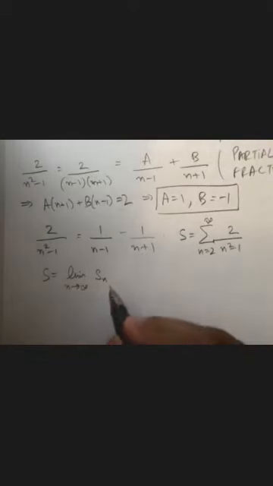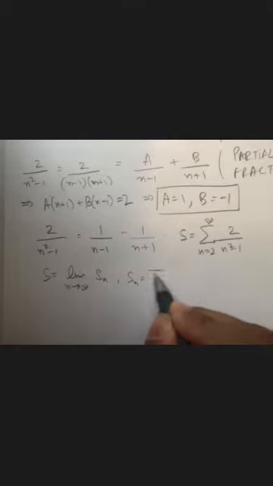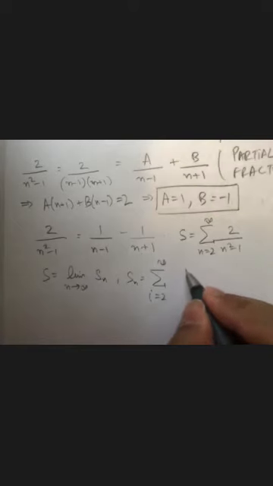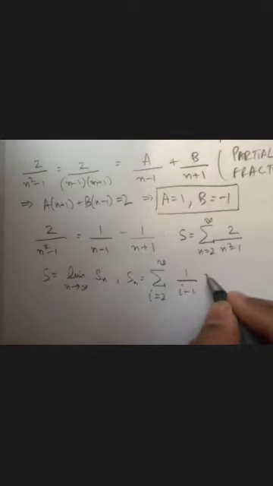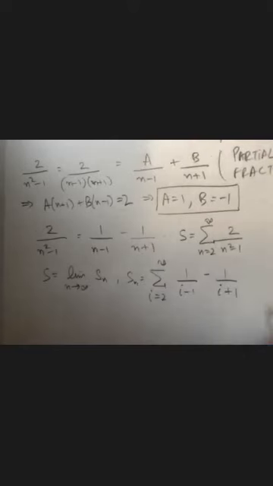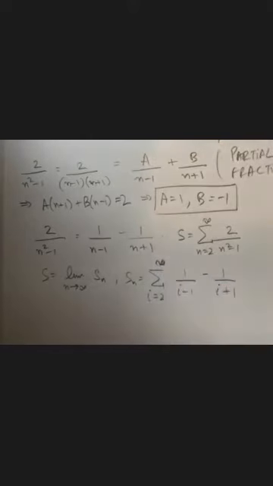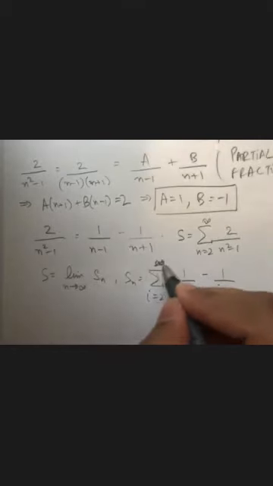Now what is Sn? So we have changed from n to I. So n minus 1 is I minus 1, n plus 1 is I plus 1. And we sum from I equals 2 to not infinity, 2 to n.